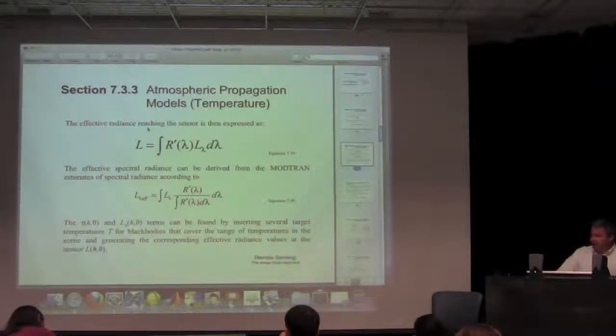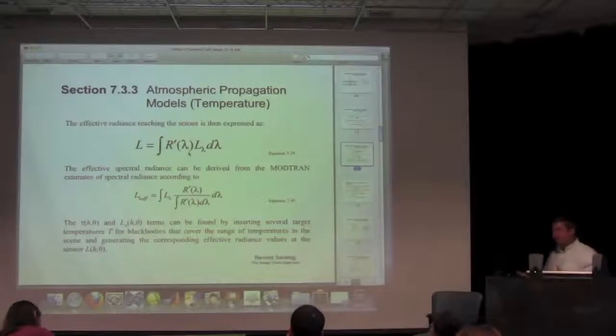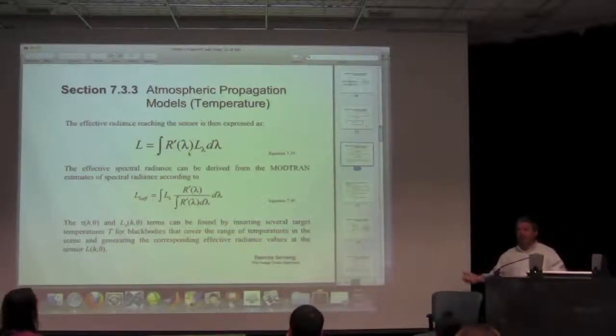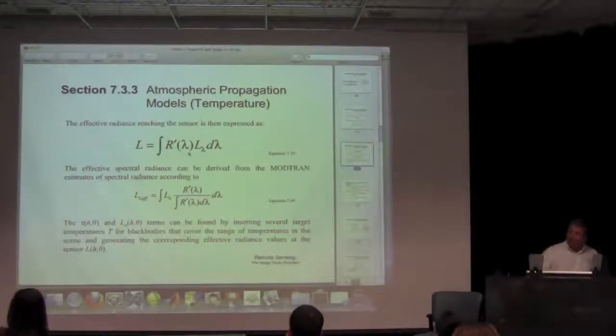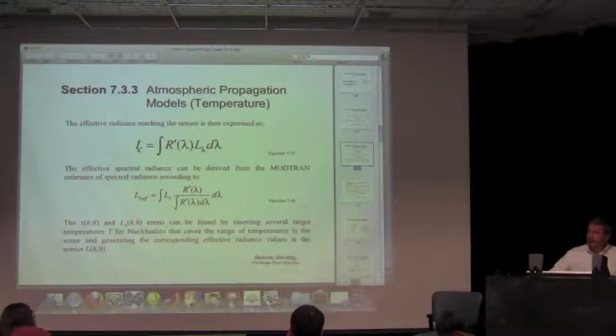So in the current laboratory, at one point we're actually having you multiply your spectral terms by the spectral response function of Landsat 4, I'm sorry, Landsat 5 band 4. So that's essentially the step you're taking in the laboratory right there, figuring out what that bandpass radiance would be for that particular band.